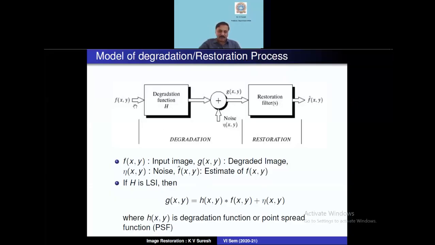So if I assume this to be linear and shift invariant, the output here is the convolution of f with the impulse response of this system. In one dimension, we call it impulse response. In two dimensions, that means in image processing, we call the impulse response the point spread function. Why is it called point spread function?